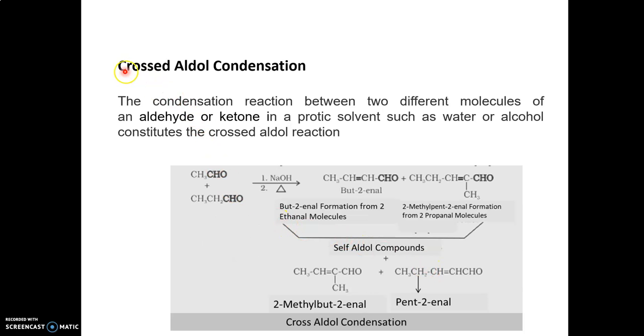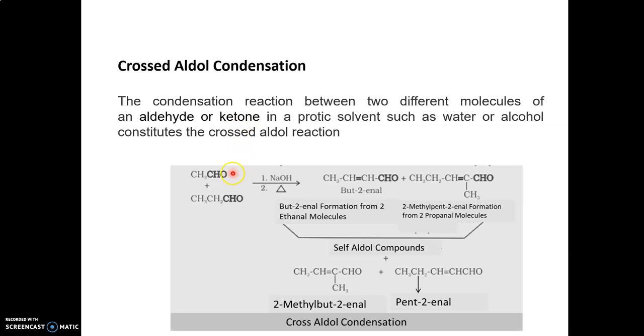Coming to the next, the crossed aldol condensation. As the name itself indicates, when the condensation reaction between two different molecules of aldehyde or ketone occurs in the presence of water or alcohol, this is referred to as crossed aldol condensation. Here the condition is that one of the molecules, whether an aldehyde or a ketone, should have an alpha hydrogen atom.